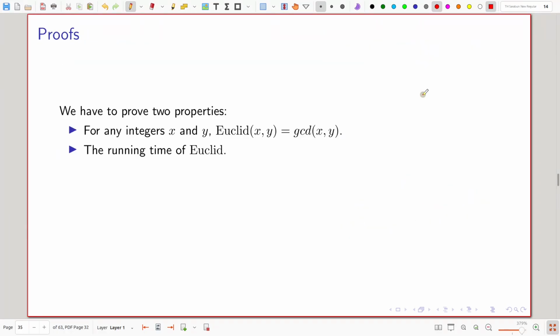So the running time of Euclid. Okay, there are two things that we need to talk about when we want to talk about algorithms. The first is correctness. Is the algorithm correct? We haven't talked about it at all, right? We assume that Euclid will return you the GCD. We keep talking about the running times, but that's not the point.